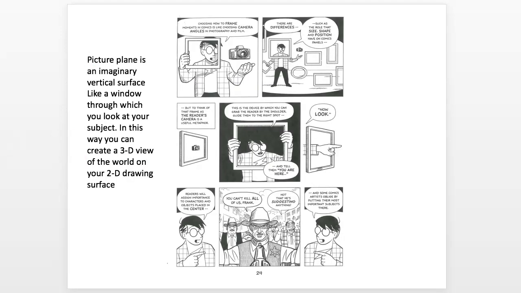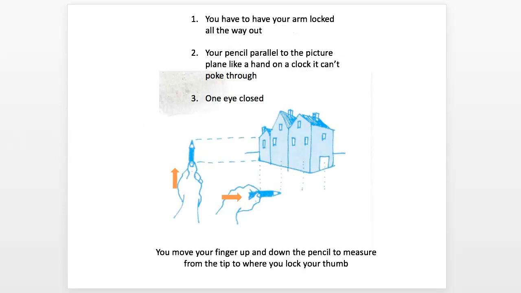It's an imaginary vertical surface like a window, and you're looking at the objects or the subjects that you're going to be drawing, and you're going to create them on your paper by using this idea. This is just an example from Scott McCloud's Understanding Comics. He's talking about it as framing it like a camera lens in a movie. Okay?